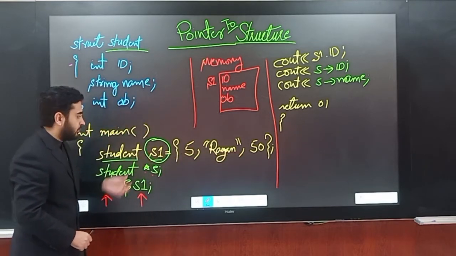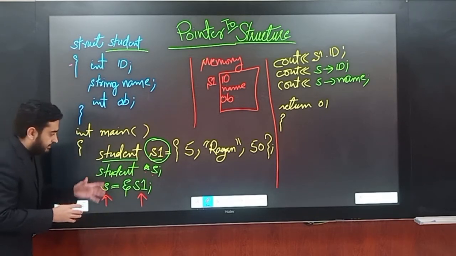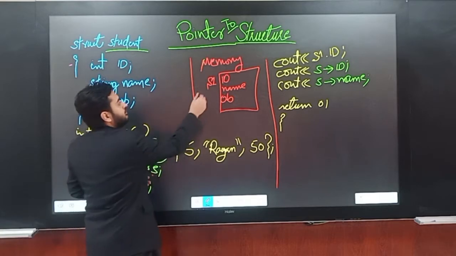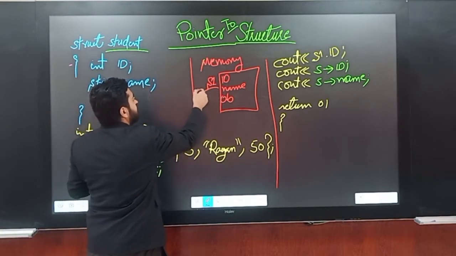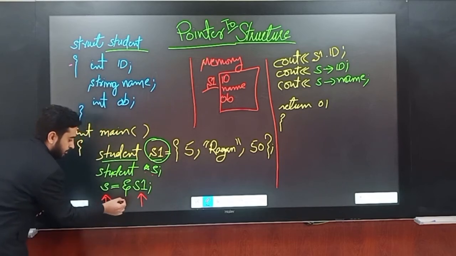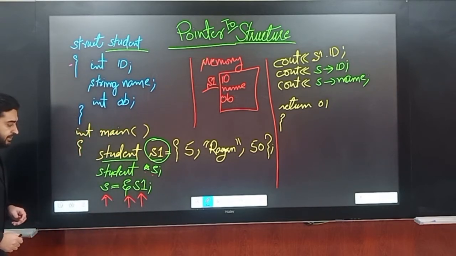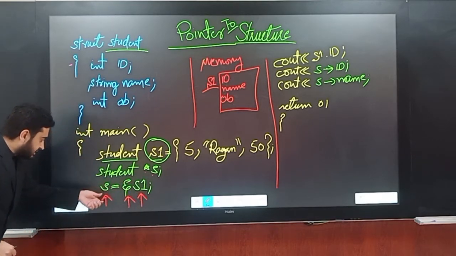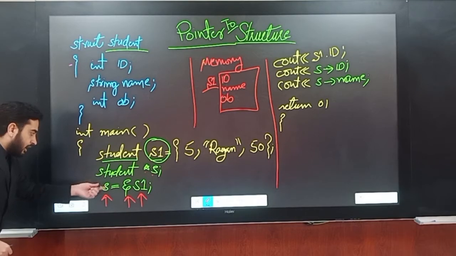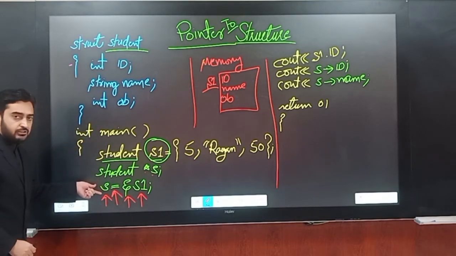We will fetch the address of S1 by writing the ampersand, the reference operator, in the prefix of S1, and assign it into the pointer.